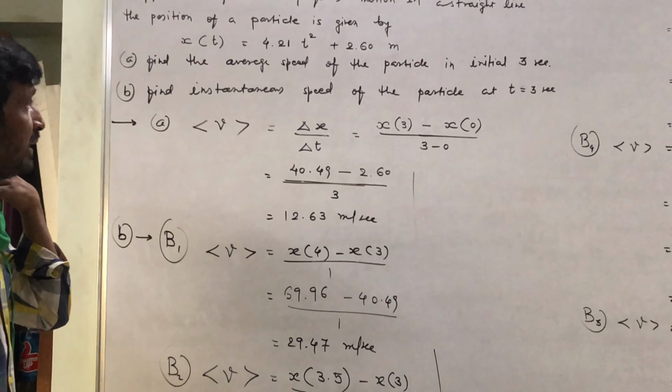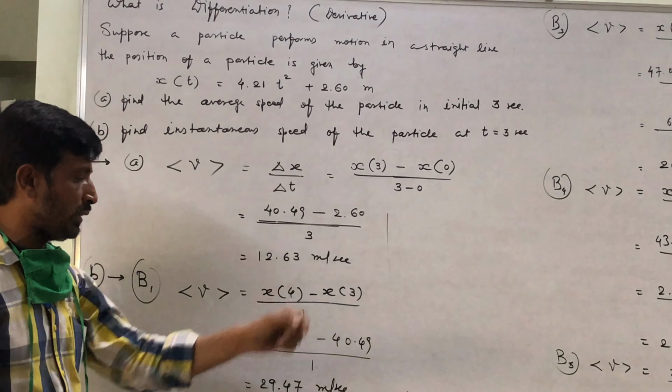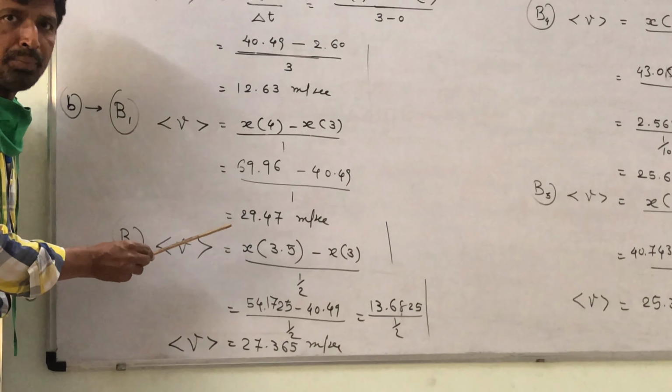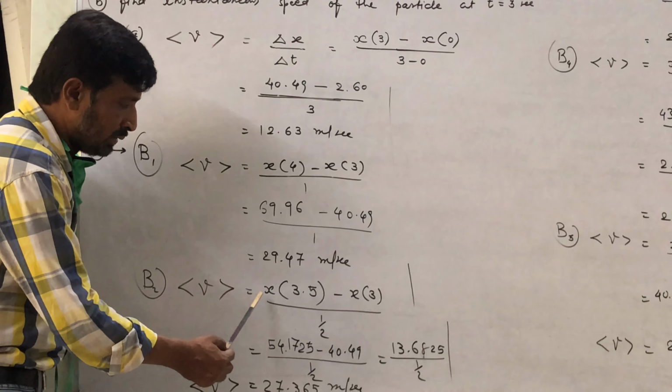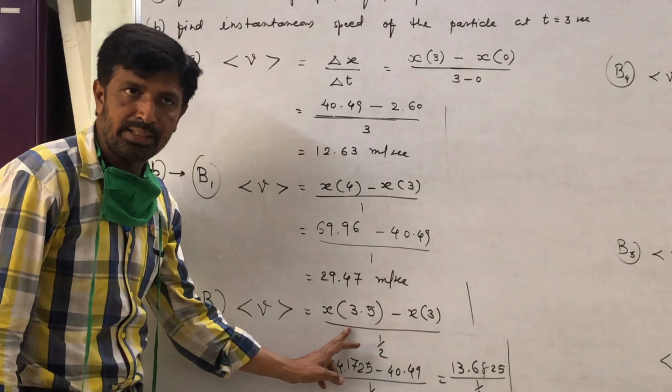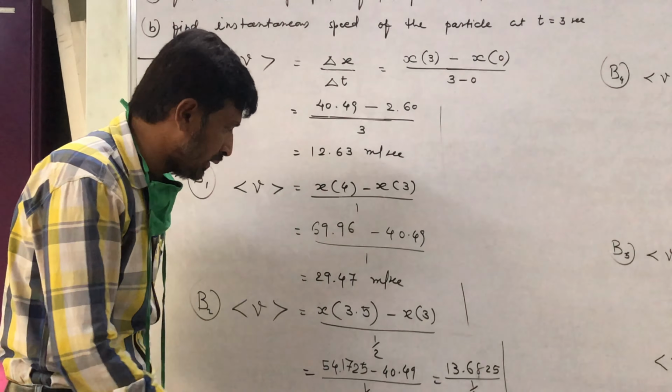But we want to find the instantaneous velocity of the particle at t equal to 3. So in the second case, we are taking a smaller time interval. See here, x of 3.5 minus x of 3 upon the time interval, half second. So this time we are taking a time interval of half second after t equal to 3.